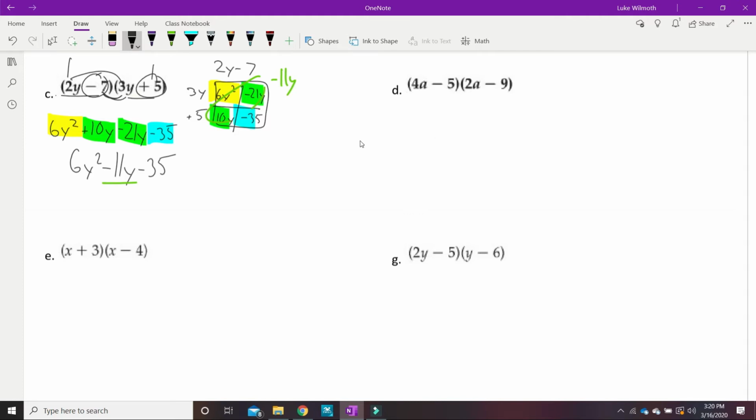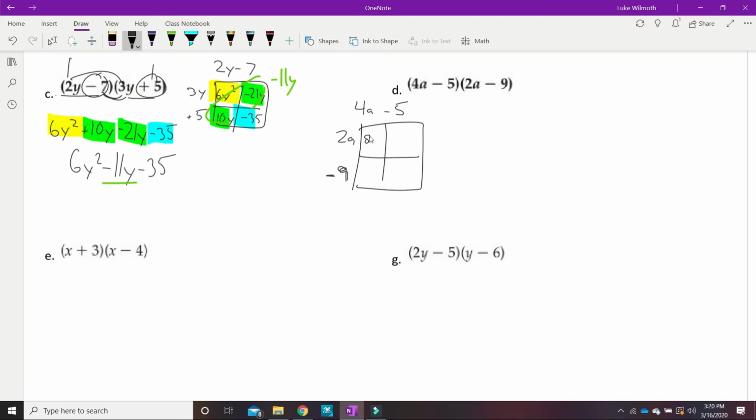Or if you just want to see if you got them right, I'm going to draw my box for a minus 5 and 2a minus 9. Notice how I write the minus 9, or the plus 5. I write it next to the number because always remember that this sign goes with the number it's attached to.